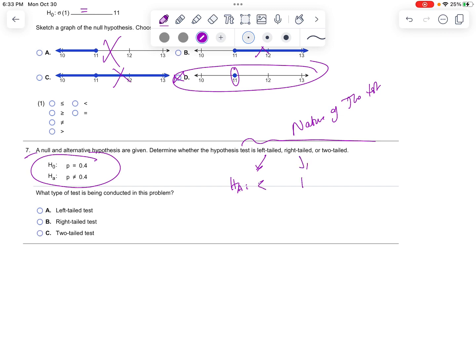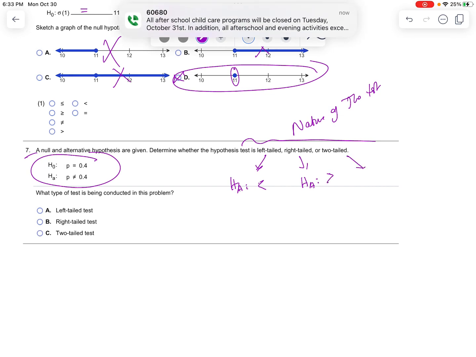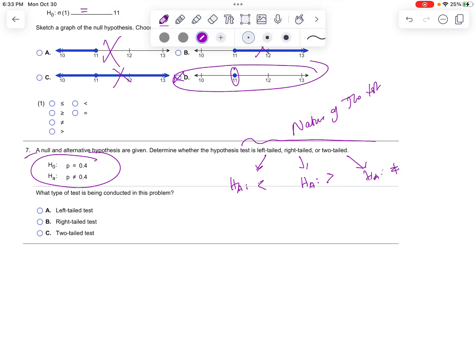If it's a right tail test, the alternative contains a greater than sign. And if you have a two tail test, the alternative contains a different than sign. In this case, your alternative is a different than sign, so this is a two tail test.